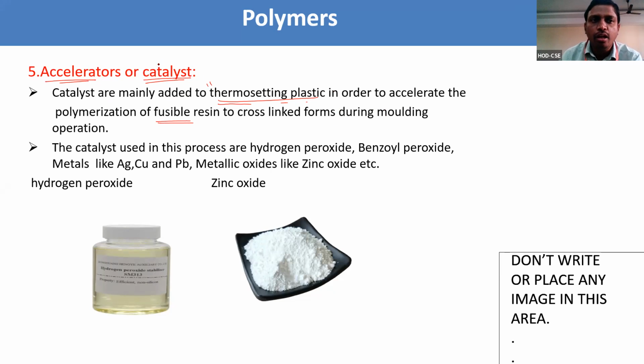Thermosetting plastic has a three-dimensional network, and we cannot convert it into a soft form. It is harder in nature.